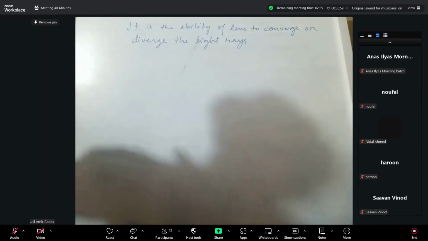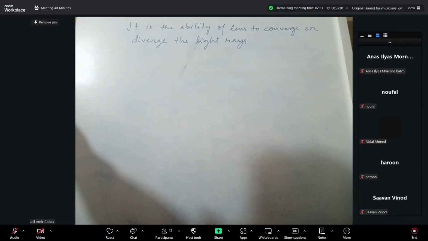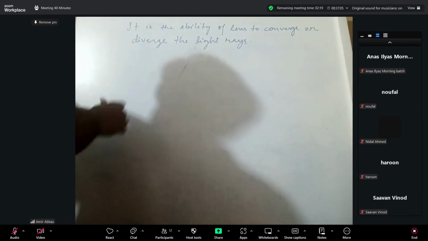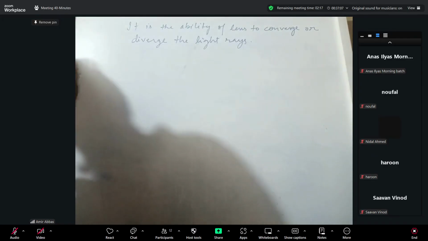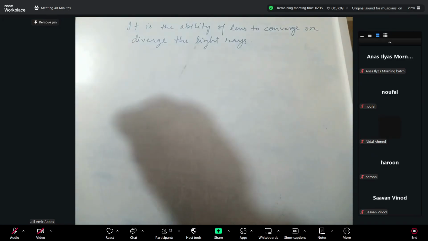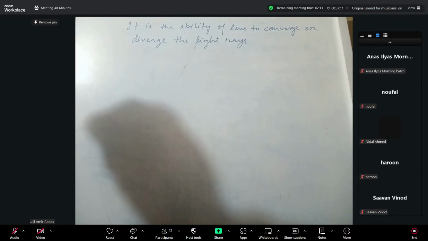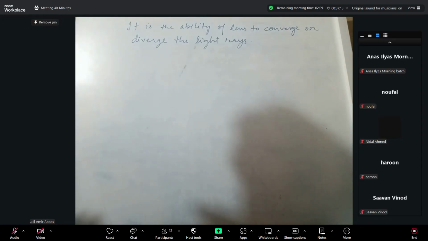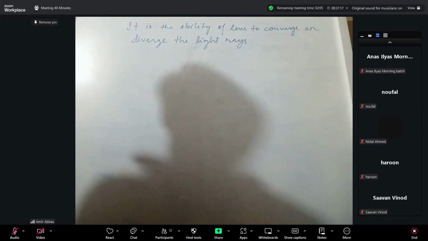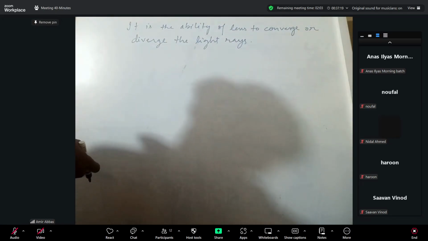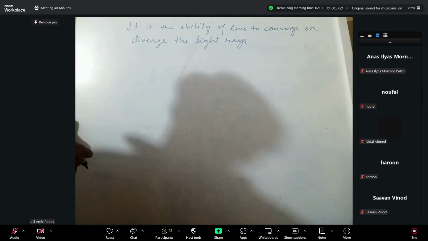It is the ability of a lens to converge or diverge light rays. Have you got this or not?